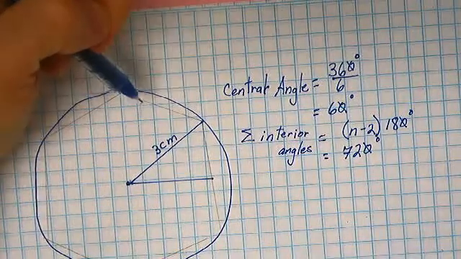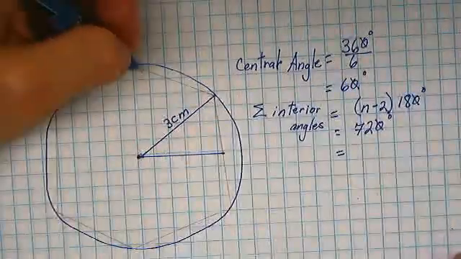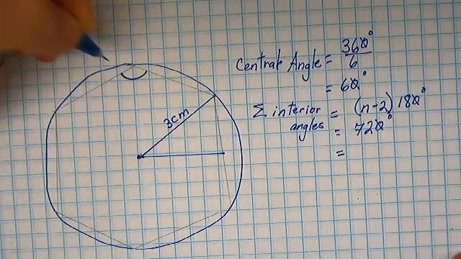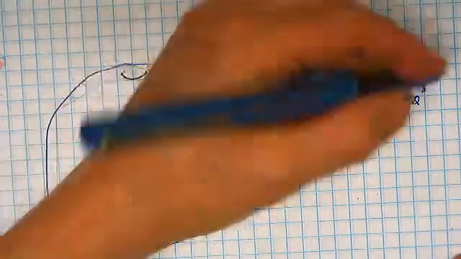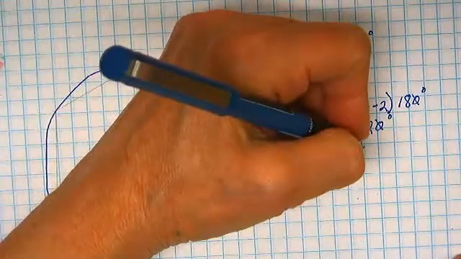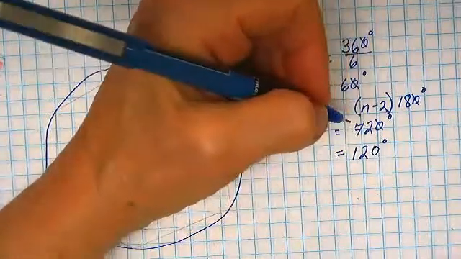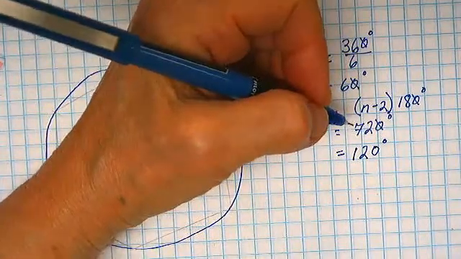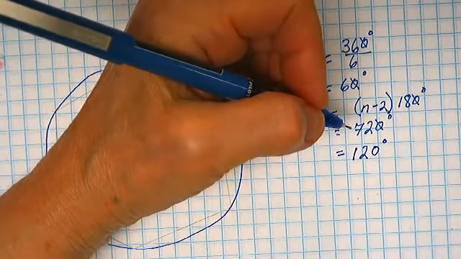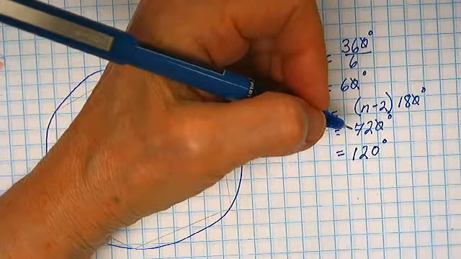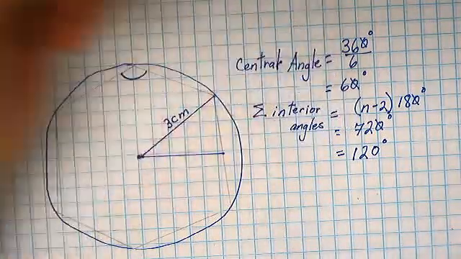I have 6 angles, so each interior angle of my hexagon is 720 divided by 6, which is 120 degrees. That doesn't seem quite right. I am just going to check that. 720 divided by 6. Sure enough, 120 degrees.